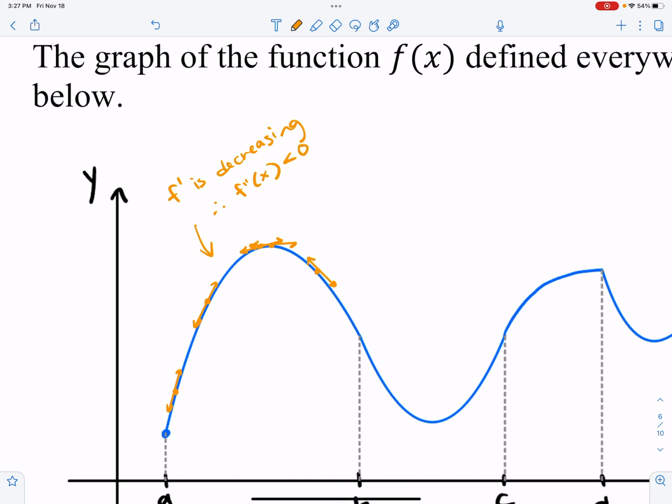And that matches with what we've discussed already about the relationship between concavity and the second derivative. So on the interval from a to b, f prime is decreasing, and f double prime, the second derivative, would be less than 0, would be negative.